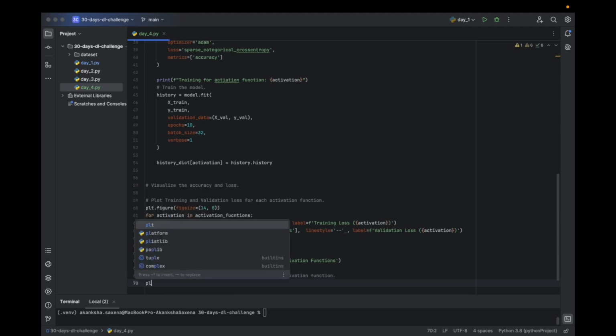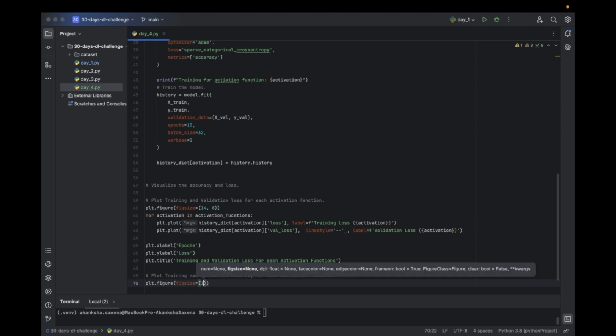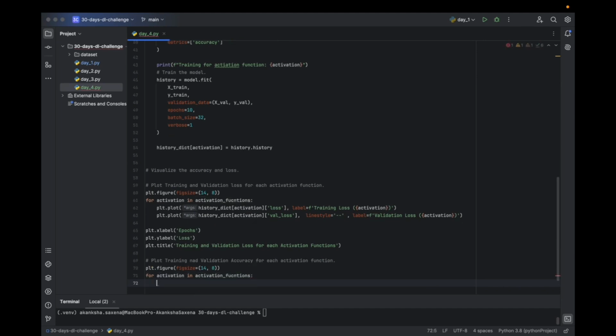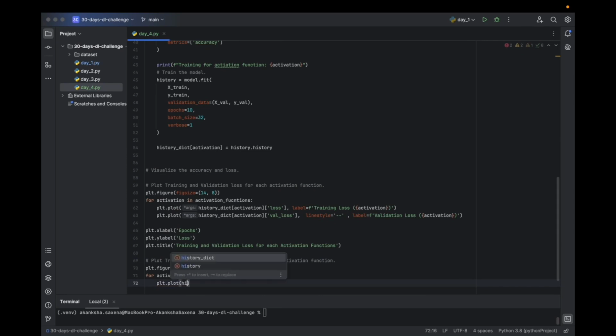So what we are going to do? Plot a figure. The size is going to be 14 by 8. Then for each activation in activation functions, we are going to plot the accuracy of this activation.